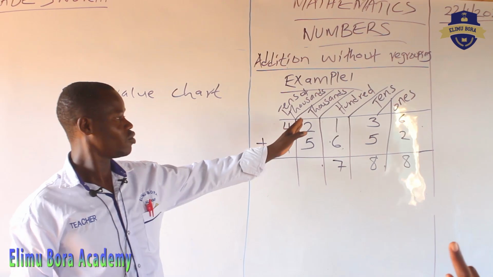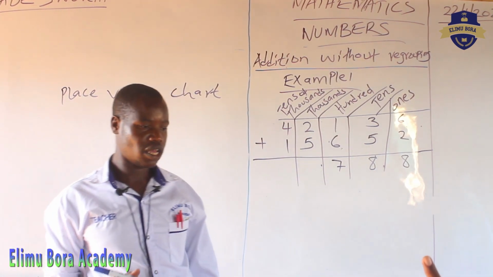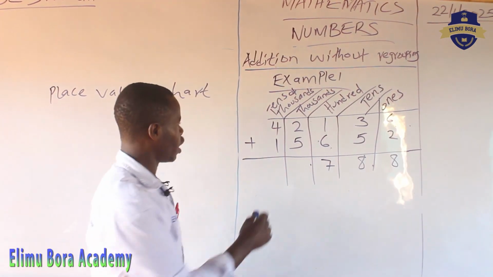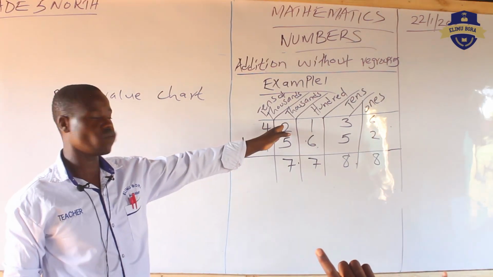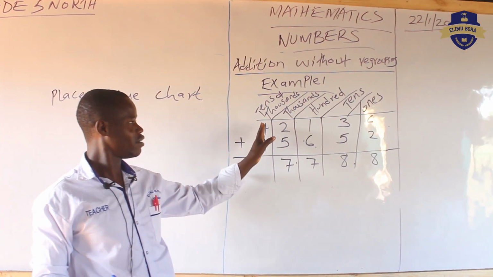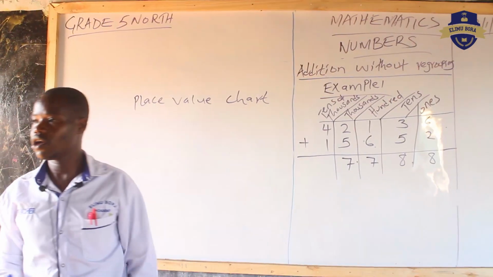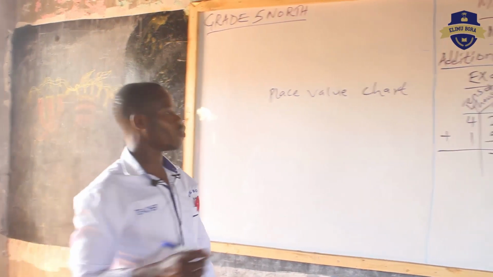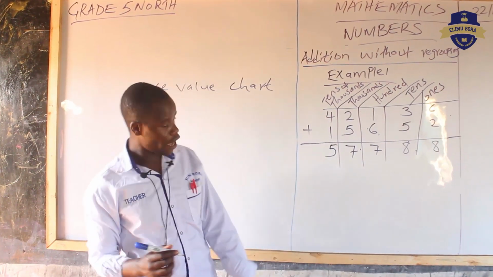And then you come to the column of thousands. That is 2 plus 5, which is 7. And then 4 plus 1, which is 5.